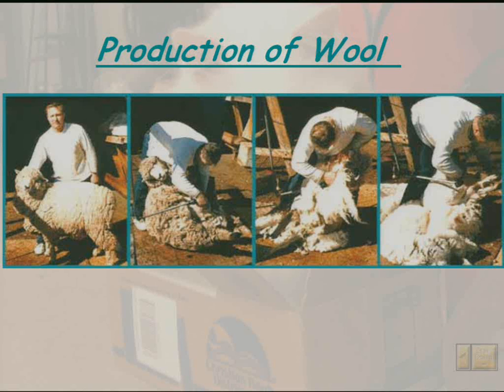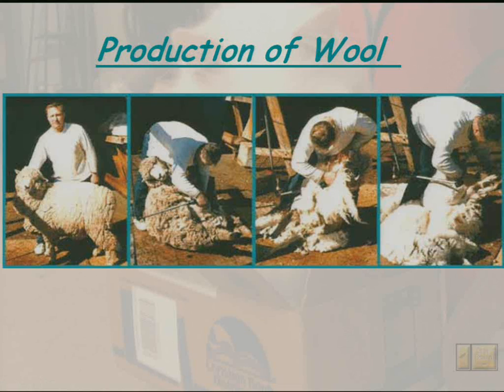Okay, the production of wool. This is what happens. Wool is sheared from the springtime, when the sheep have all their hair. They come in and start shearing, shaving the hair off. It's really quick, maybe less than 10 to 15 minutes to shear one, and the sheep basically stands there. If you want to really know how they shear the wool, you can go to YouTube and find a video for that.